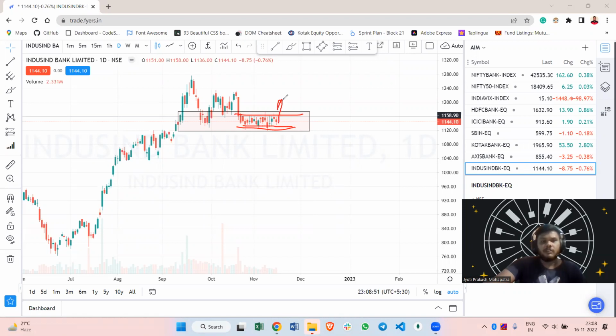And when new buyers or sellers are added from there, it may show a large movement from that zone. So we are going to wait for that movement. But for now, my suggestion would be to please avoid any buying or selling trade for another 1 or 2 days.